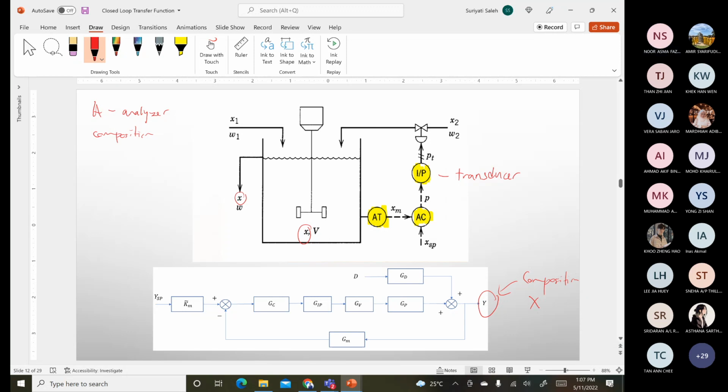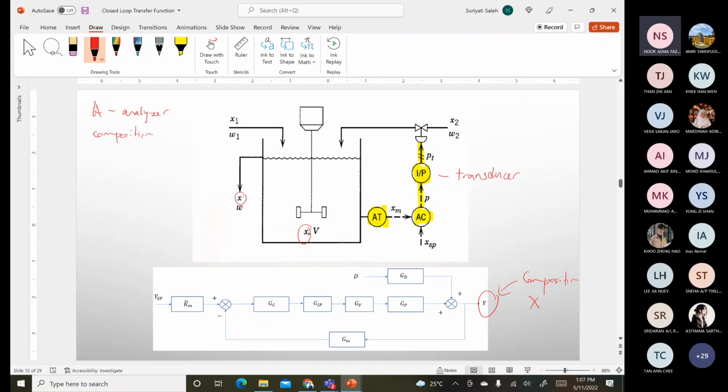What is the function of the transducer? If you take a look, before the line coming to the IP, you have the arrow with the dash line. And then after the IP, you have the arrow with this line.